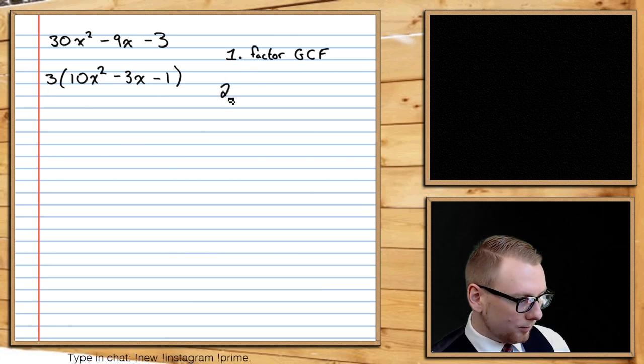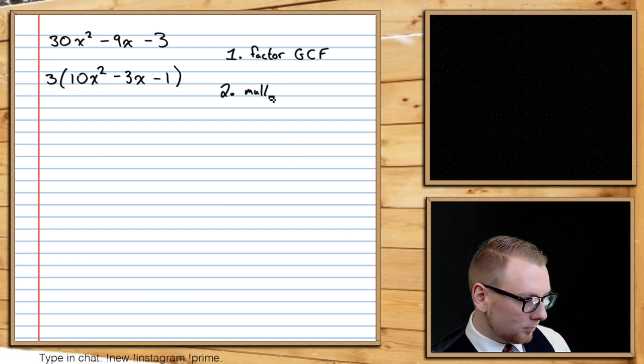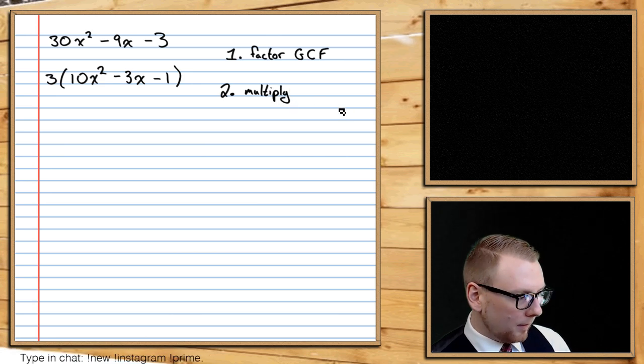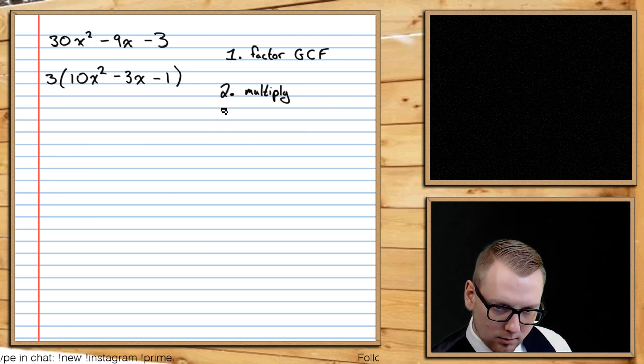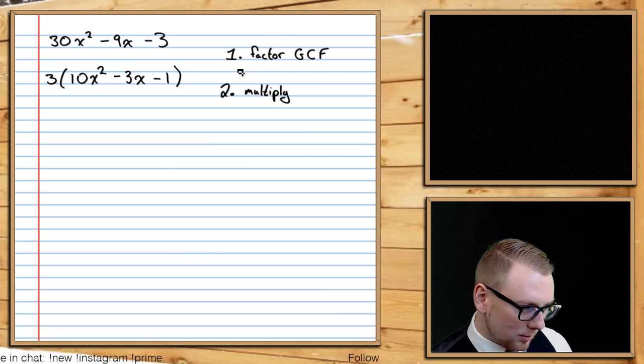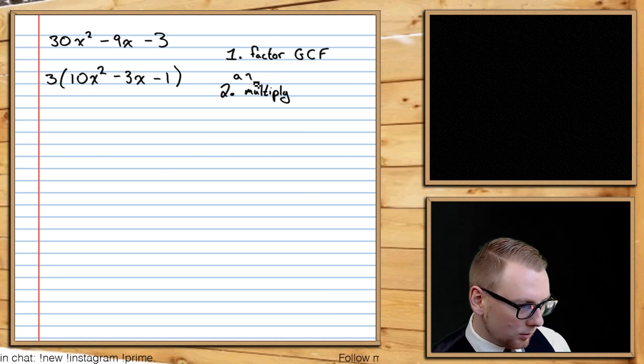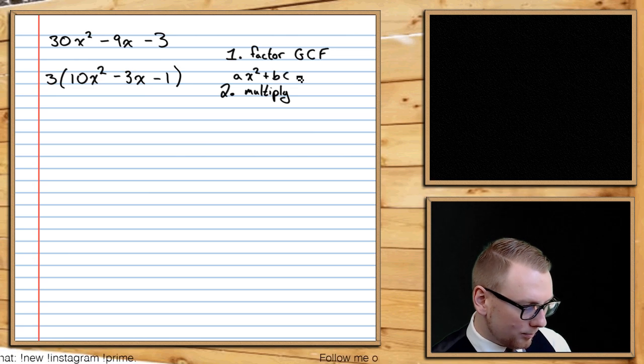Second step. Multiply. How do I want to write this? I'm going to write the equation in general and then write the step for it. So we have ax squared plus bx plus c.